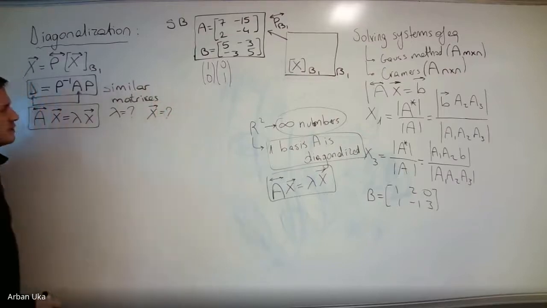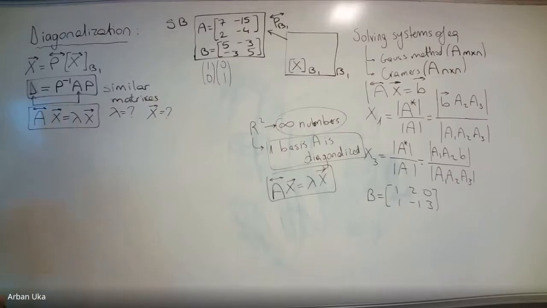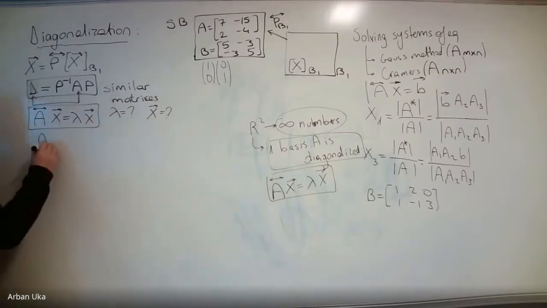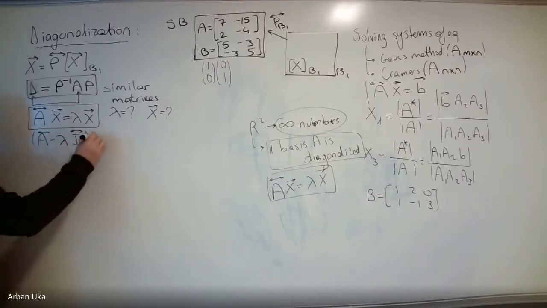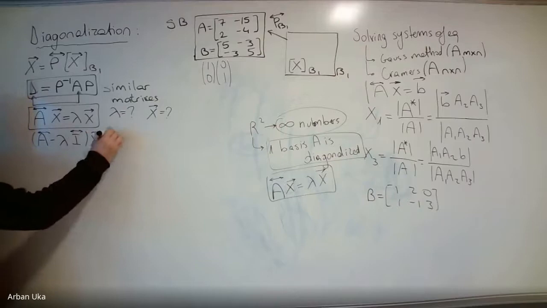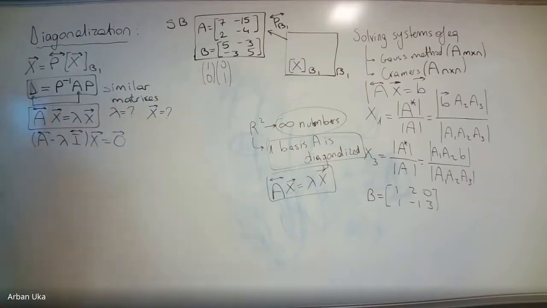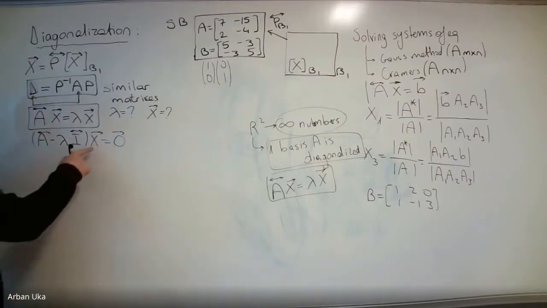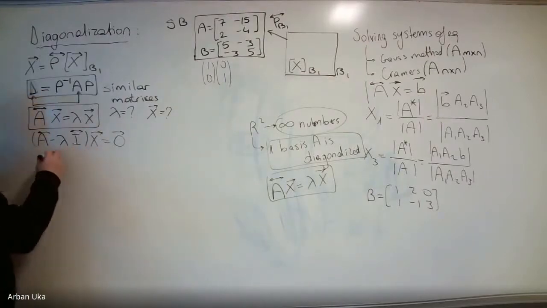This is what we are going after, and the way to solve it: we know that A minus lambda I, where I is the identity matrix, times the vector x, is equal to another vector, zero. Then we can have a trivial solution, x equal to 0, but we want x different from 0.